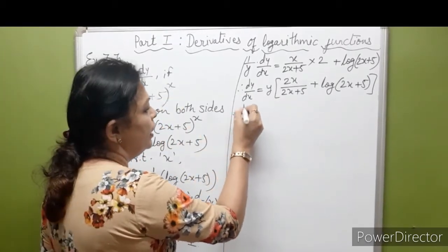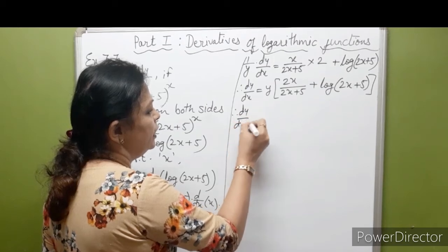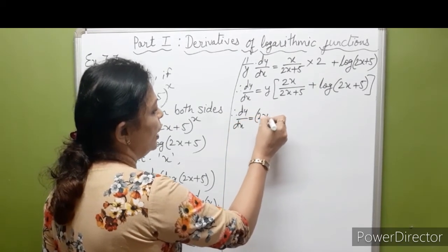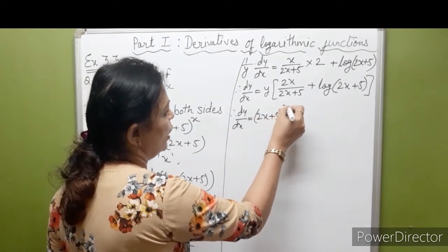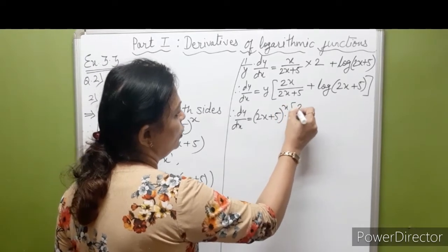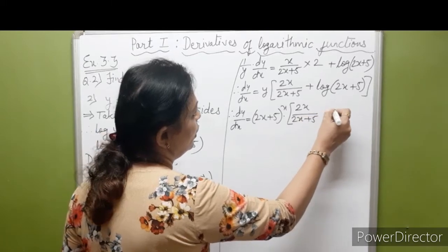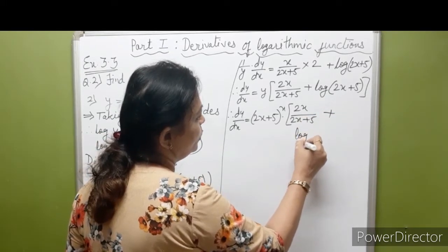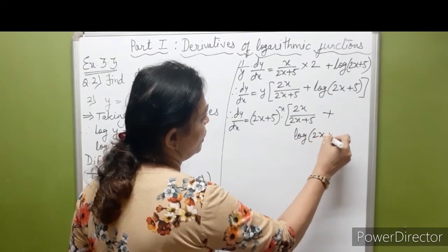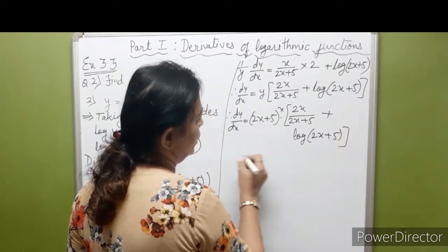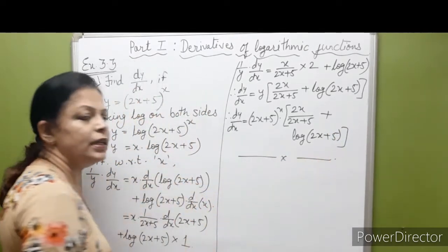So you get dy by dx is equal to 2x plus 5 raised to x into 2x upon 2x plus 5 plus log of 2x plus 5. This completes your second sum.